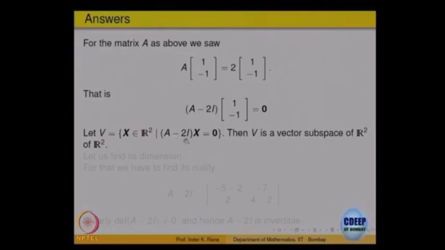So, let us look at one way of looking at this. We look at this matrix A minus 2I. I am looking at all possible solutions. Now, if you have a matrix with Ax equal to 0, and the matrix is invertible, then what are the solutions? For a homogeneous system, take some matrix applied to x equal to 0, the null space of a matrix.